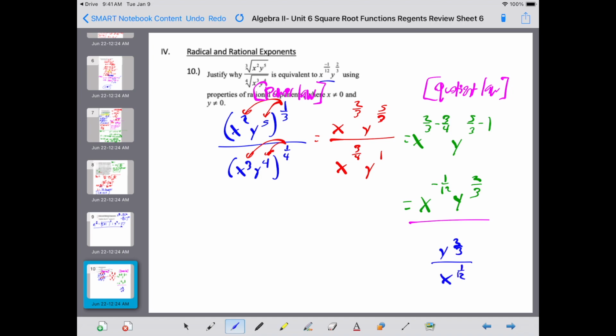And now we know this is the third root of y to the second, and this is the 12th root of x. That would be simplest root form. They're not common radicands or common like terms or common bases, so you can't combine those at all.